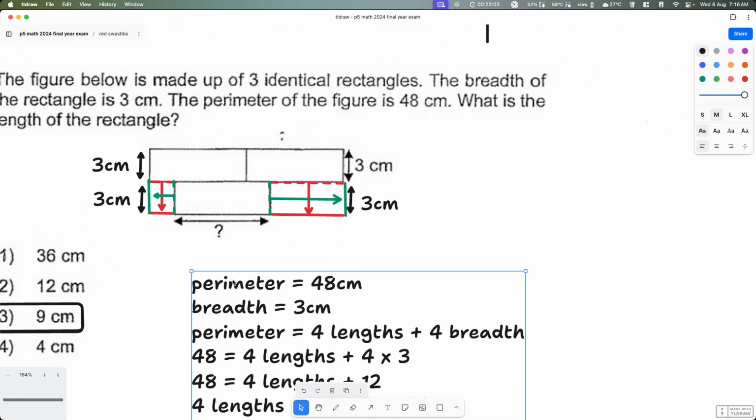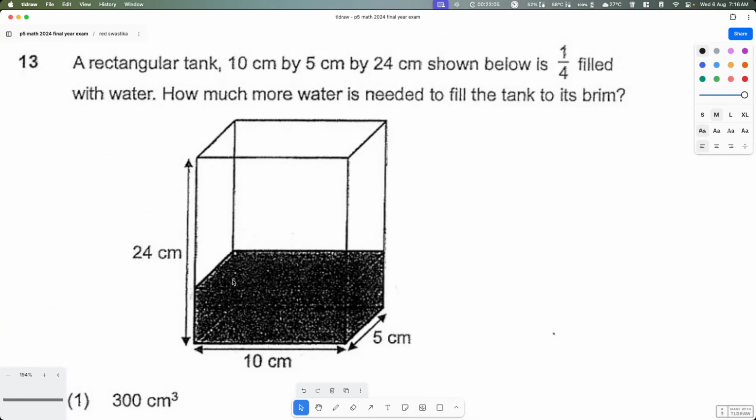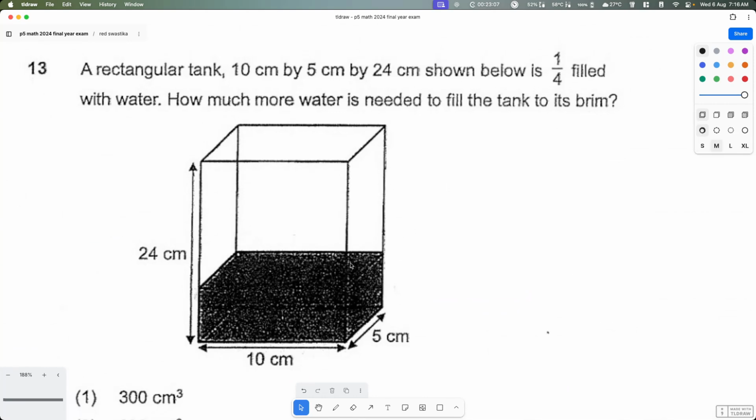Let's move on to the next question, question 13. It says here a rectangular tank 10 centimeters by 5 by 24 centimeters shown below is 1/4 filled with water. How much water is needed to fill the tank? So 1/4 of the height is equal to 1/4 times 24, which in this case is 6 centimeters.